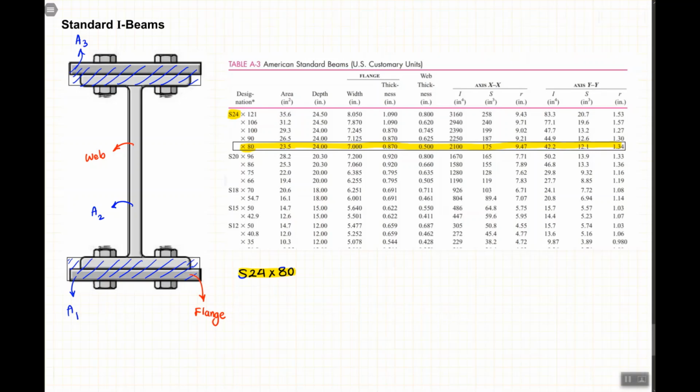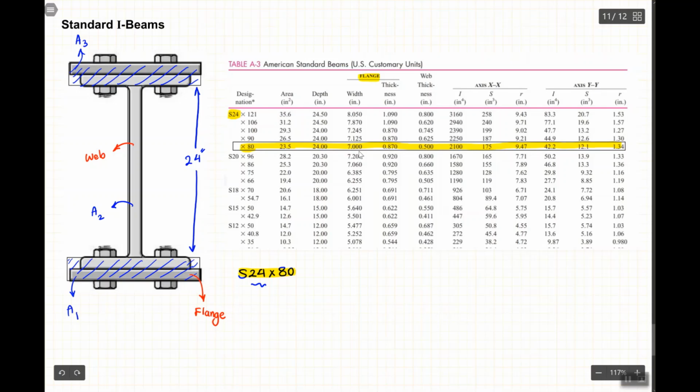So then there is other information here which you can find. For example, it says the total area of this I-beam is this number, so you don't need to do any calculation then. The depth, by depth it means the distance from here to here, is 24 inches. So then you figure out the first number. It's called the depth basically. And the width is 7 inches. Remember this is the flange.